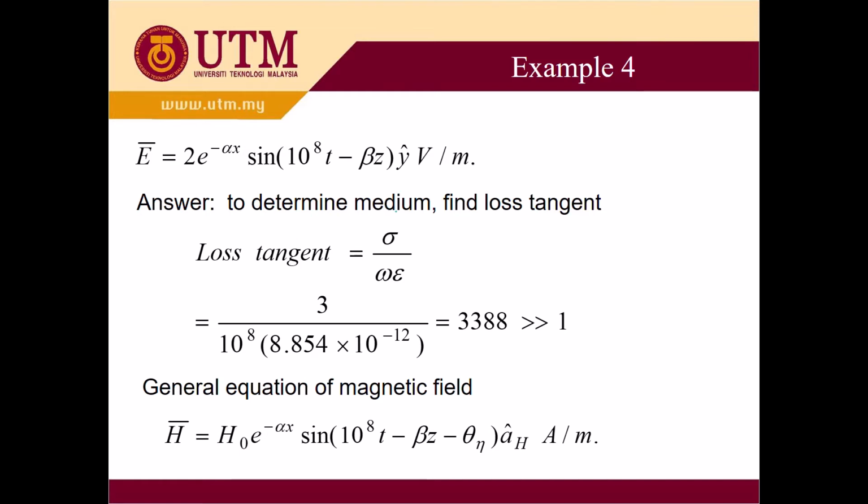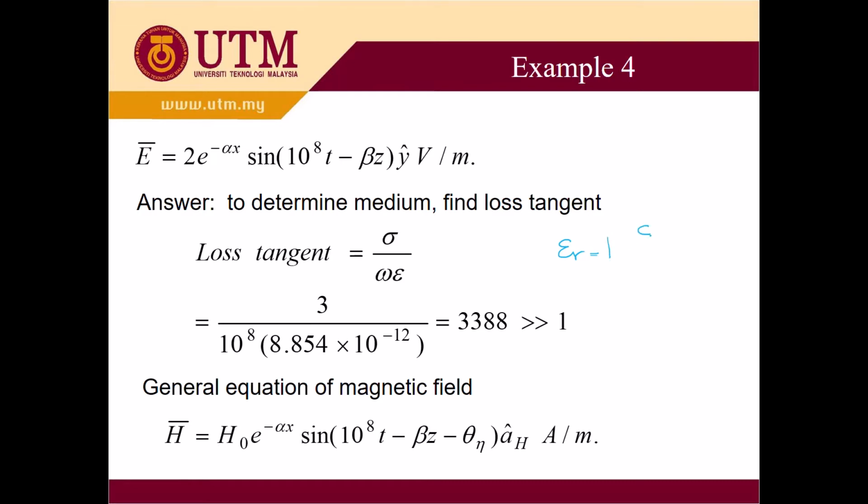To determine the loss tangent of a medium, we use this formula. Loss tangent equals sigma divided by omega epsilon, equal to 3 divided by 10 to the power of 8 multiplied by epsilon. Epsilon equals epsilon naught, because given that epsilon r is equal to 1.